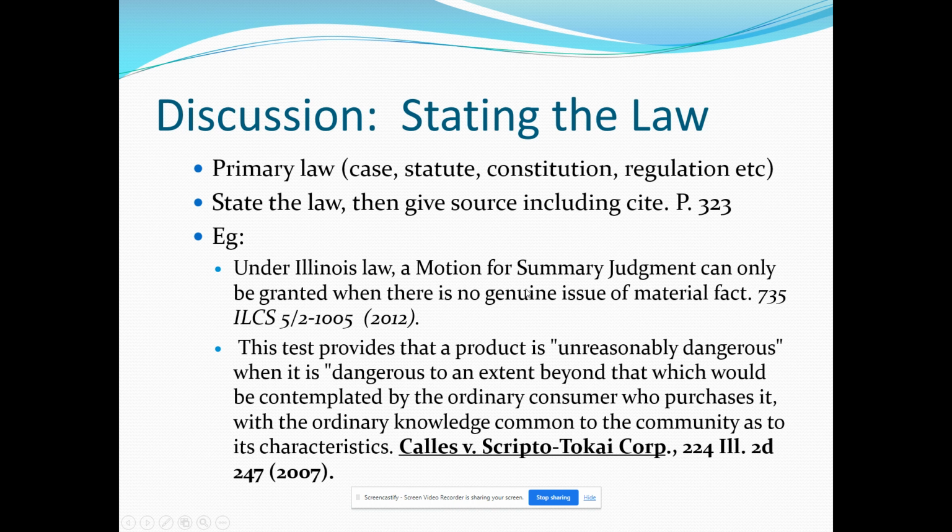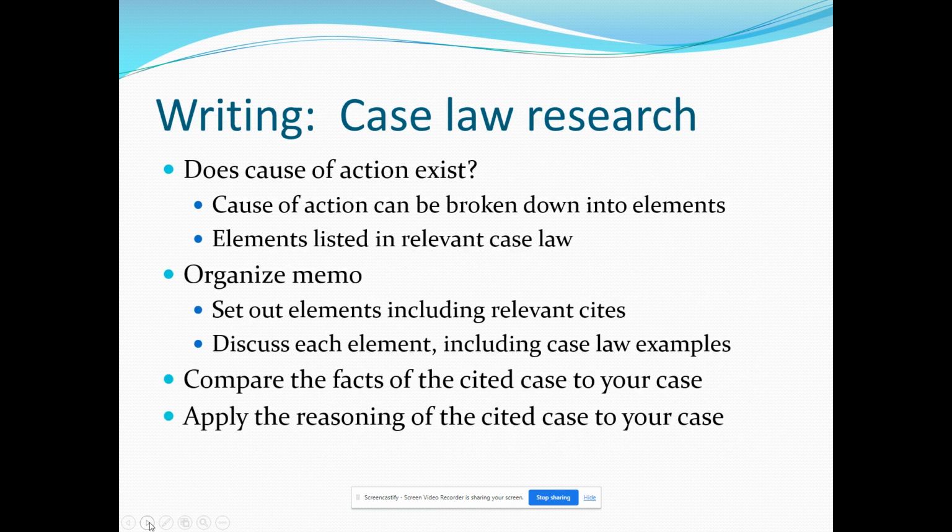Here is my rule of law, and here is my cite. Another example: when you figure out a product is unreasonably dangerous, here's the sentence, and then right after that, you have your case cite. That's how you state your rule of law, with our primary law and perfect Bluebook citation.